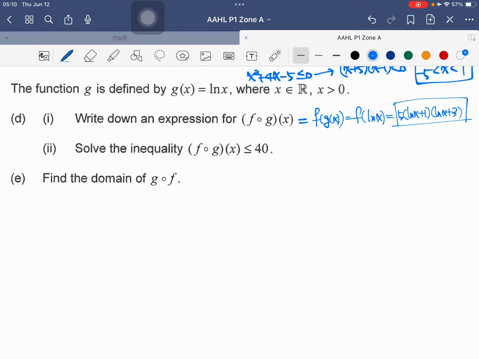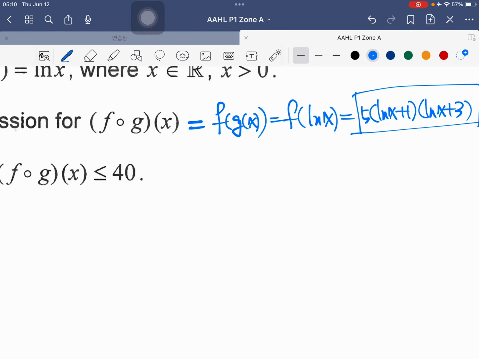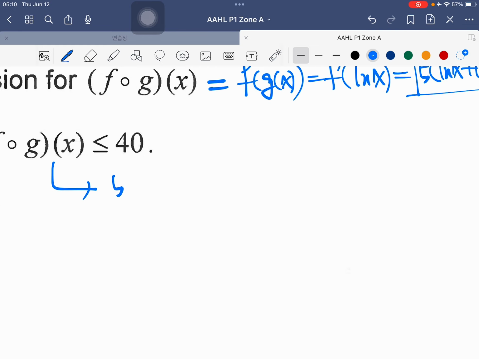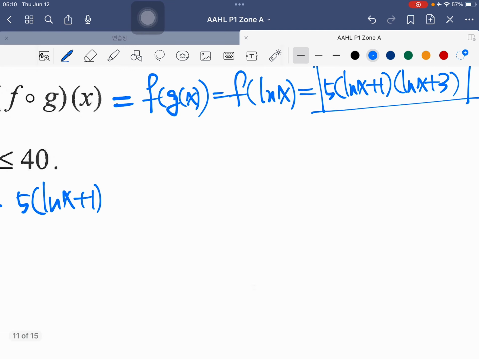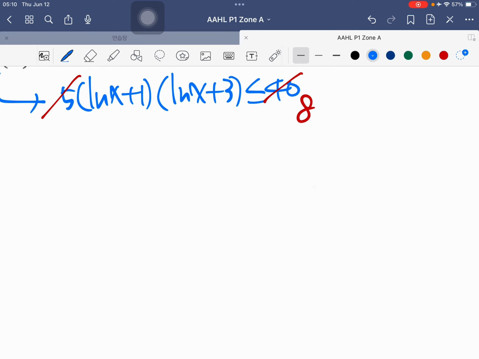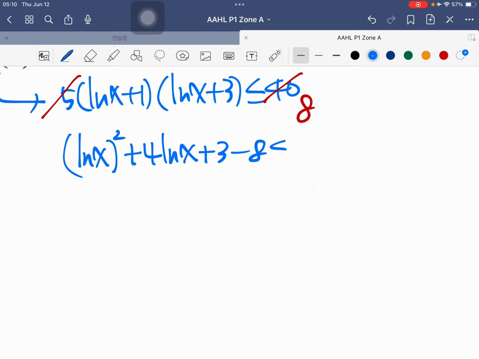Solve the inequality f of g of x less than 40. So this expression can also be rewritten as 5 times (ln x plus 1)(ln x plus 3) is less than 40. We can simply divide by 5 on each side. This one becomes 8. Expanding, we get (ln x) squared plus 4 ln x plus 3 minus 8 less than 0.